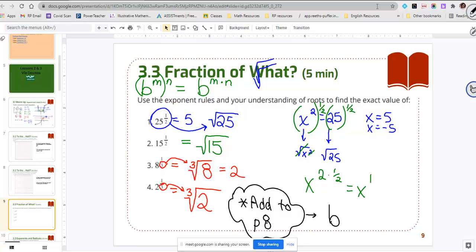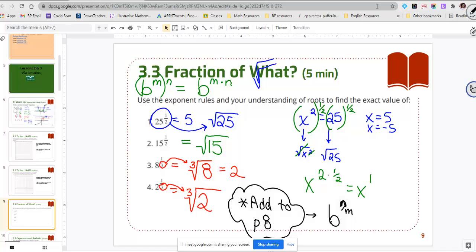That a base to any fractional exponent, 1 over m. Actually, we're going to do it to the n over m.